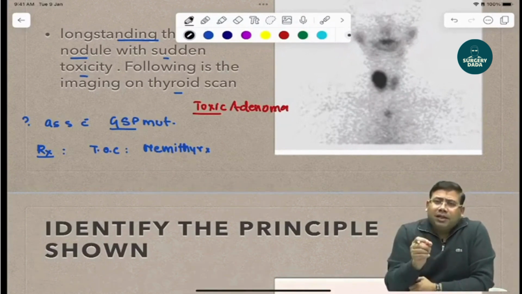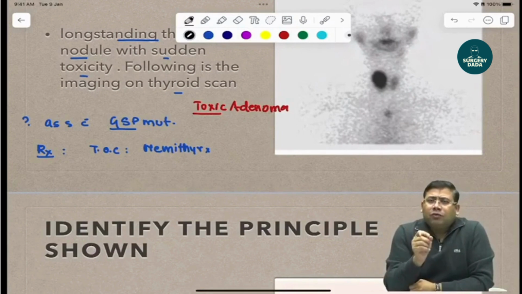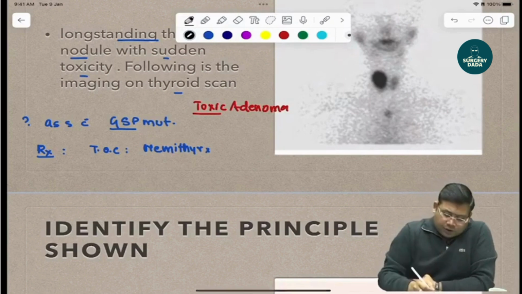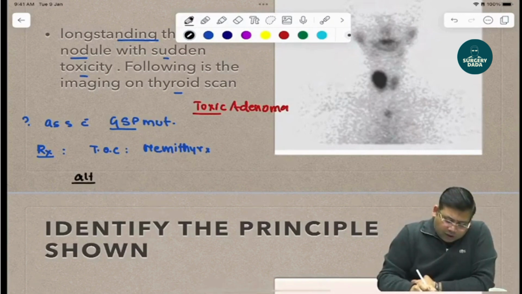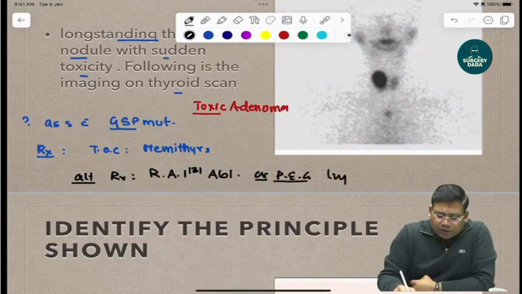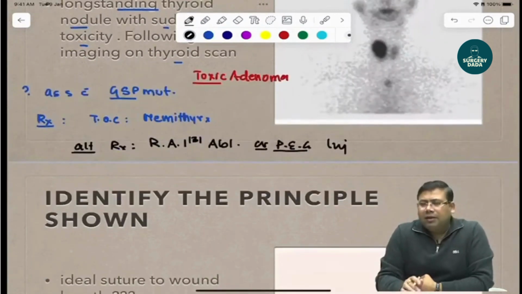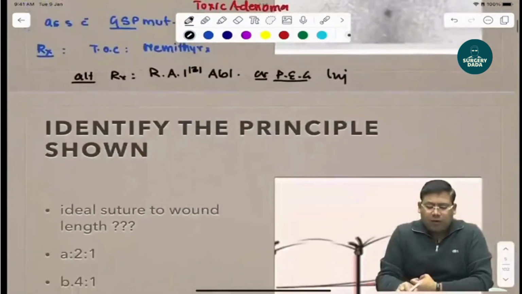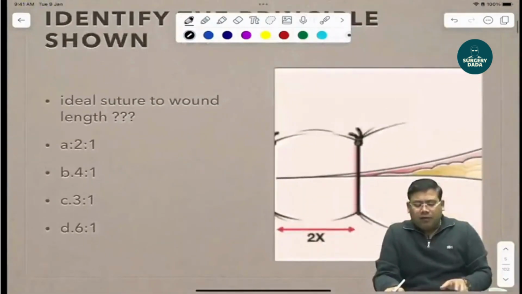Middle-aged female with nodule size of 2 centimeter to 3 centimeter, yes, you may attempt to go for radiation. So alternate management we can have is radioactive iodine 131 ablation, or students, PEG injection. What do you mean by PEG injection, students? Polyethylene glycol injection. This is very, very important.